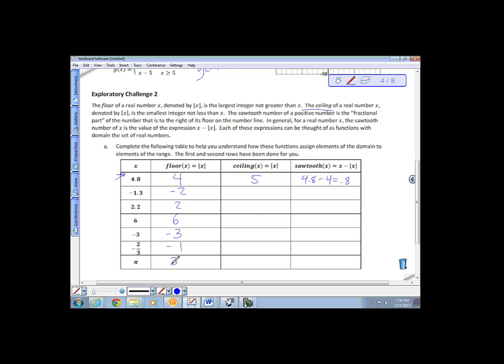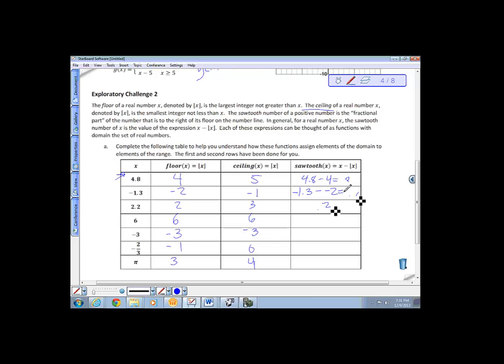Likewise, the ceiling: 5, negative 1, 3, 6, negative 3, 0, 4. Okay. The sawtooth is the difference. So that's going to be 0.8, and 0.7 here because we're taking negative 1.3 and subtracting negative 2, and that's going to equal 0.7.